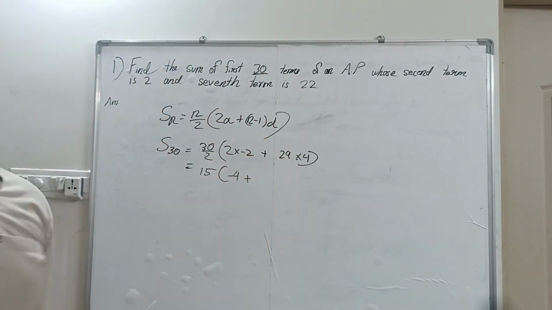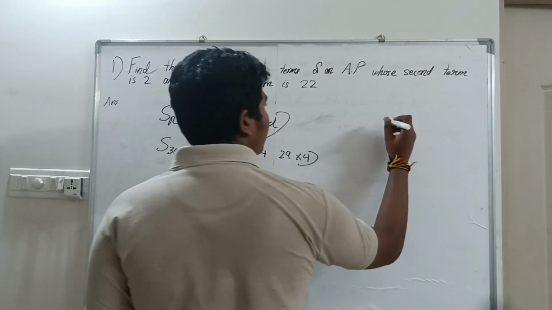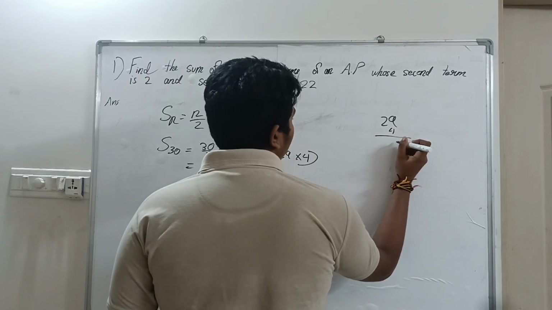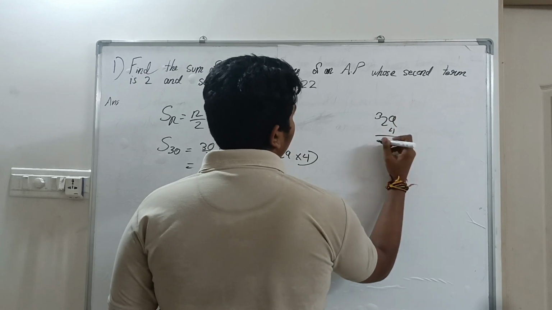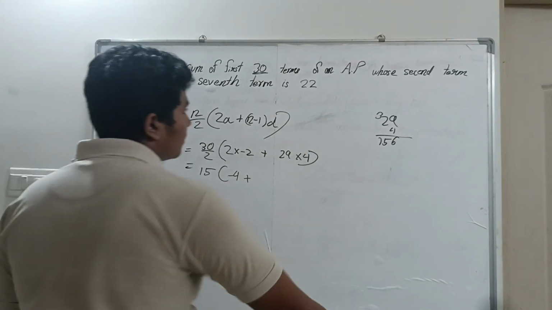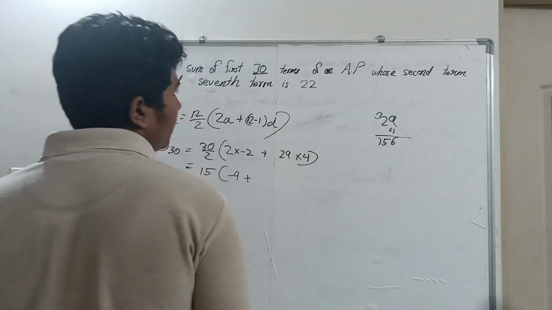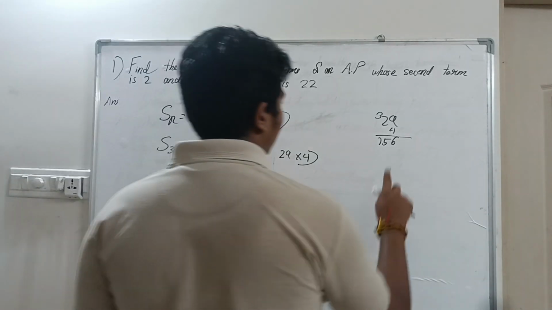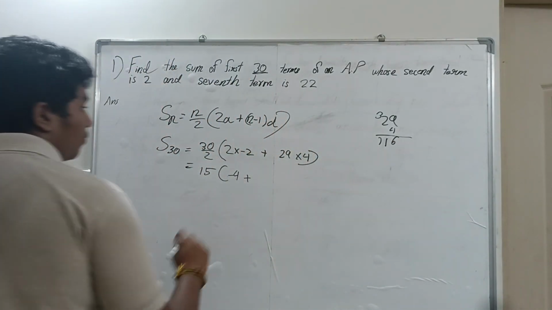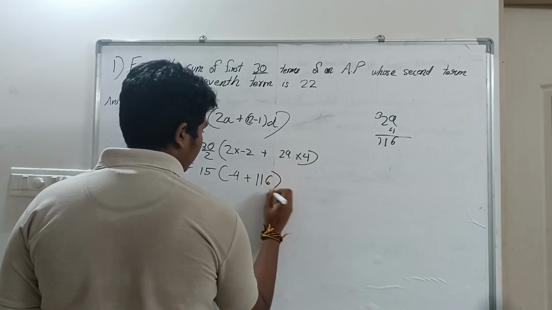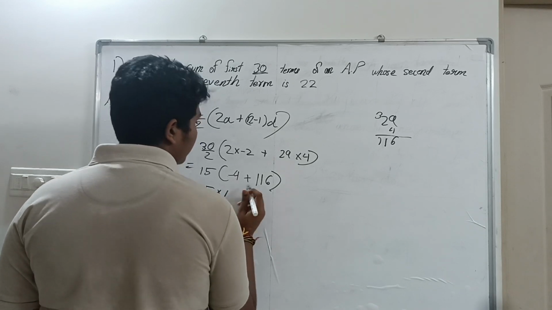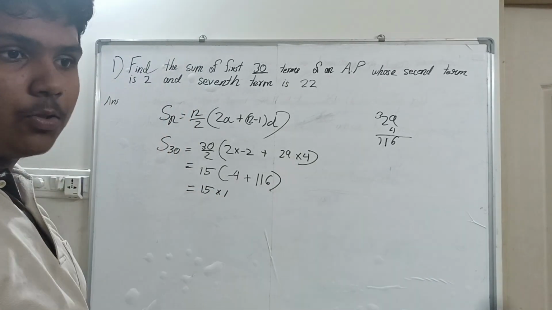What is 29 into 4? Let's see. 29 into 4 will be 116. So if you do 15 into, what is 116 minus 4? 112, right?